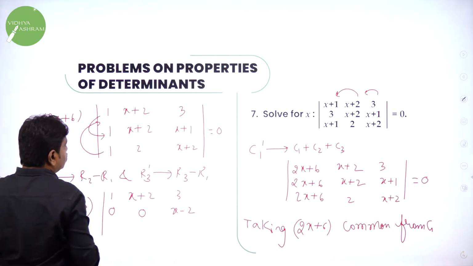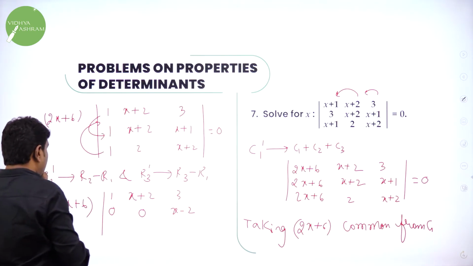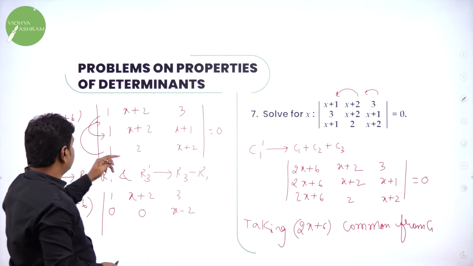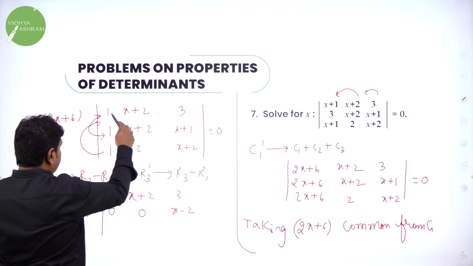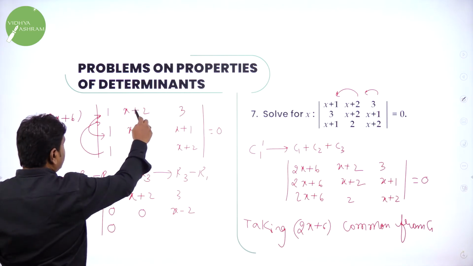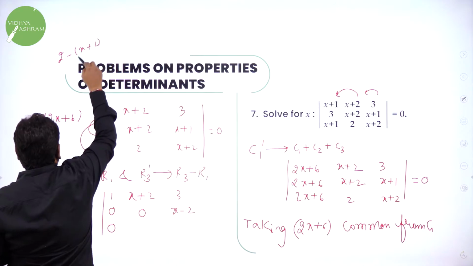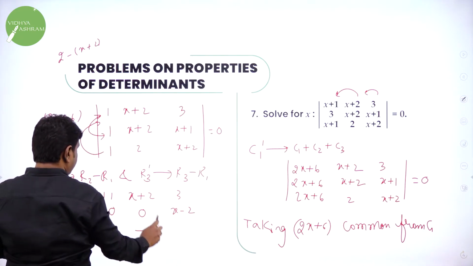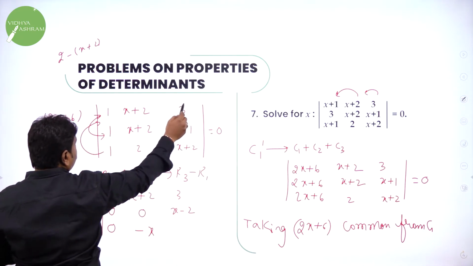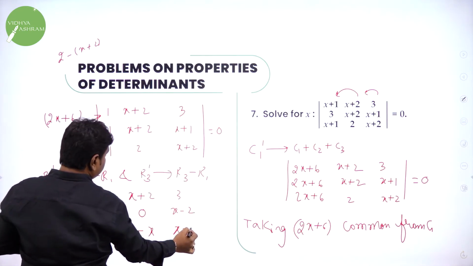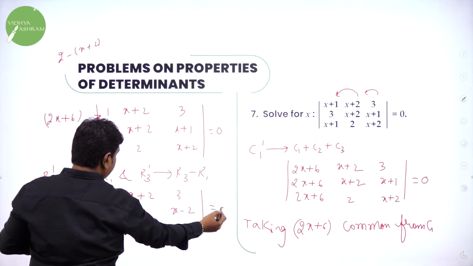Similarly, if I subtract these two, 1 minus 1 is 0, 2 minus x plus 2 will become minus x. Then third, x plus 2 minus 3 gives x minus 1, equal to 0.